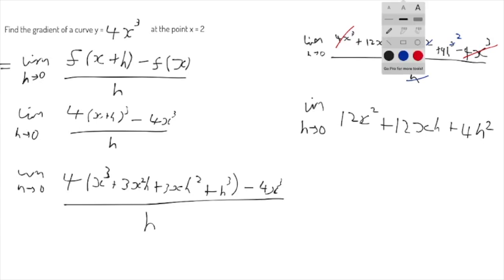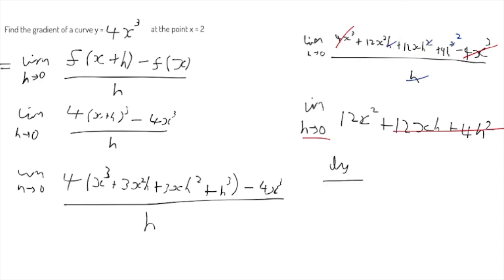Now, since h is going to 0, all the things with h's in them say goodbye. And therefore we're left with the gradient dy by dx equals 12x squared. All right, we've differentiated.